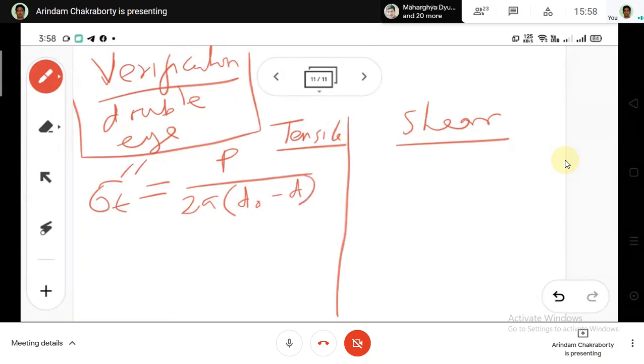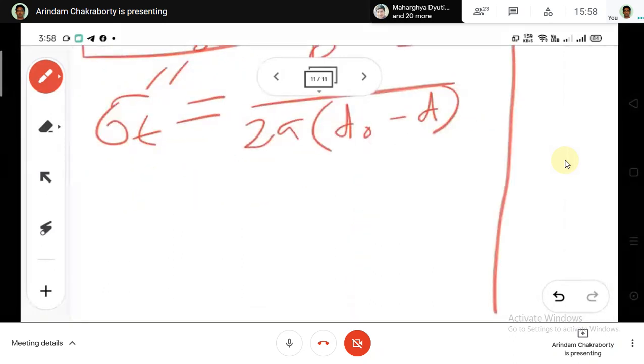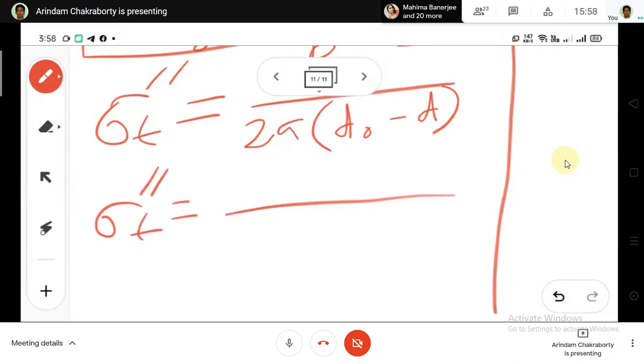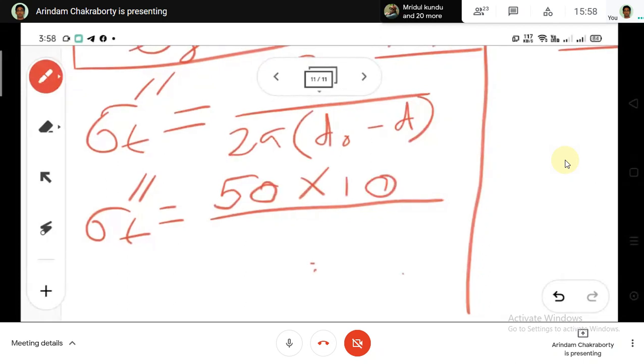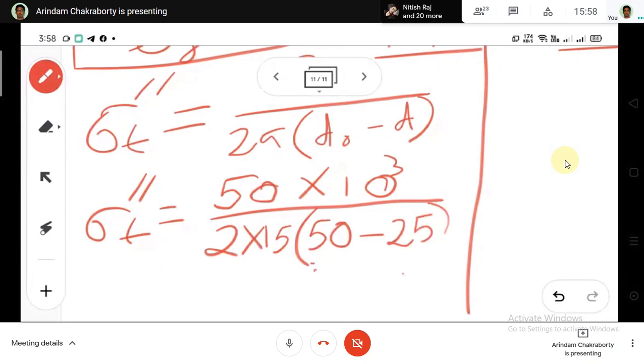So let us find it here itself. Sigma double dash T is equal to P, which is 50 into 10 to the power 3, by 2 into A, which is 15, into D naught minus D, which is 50 minus 25.